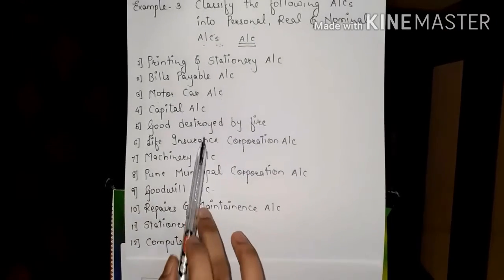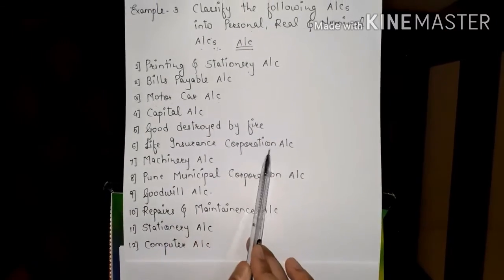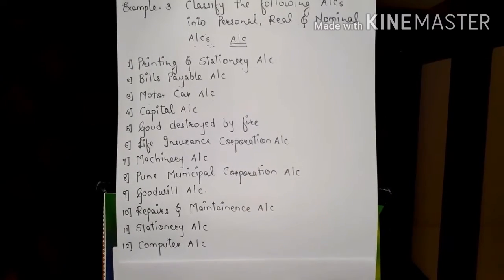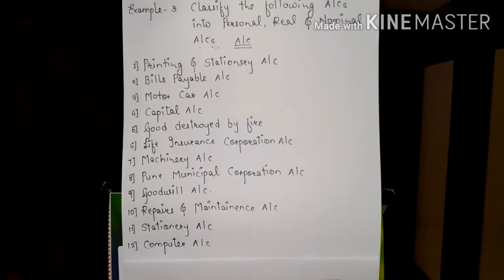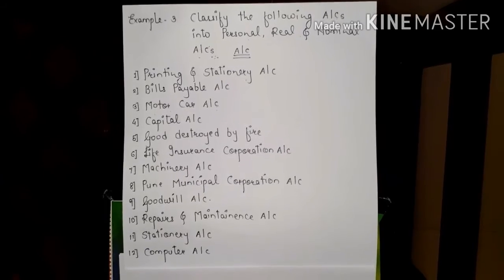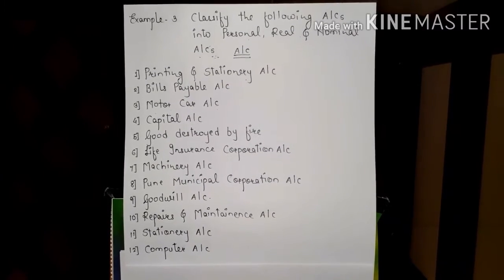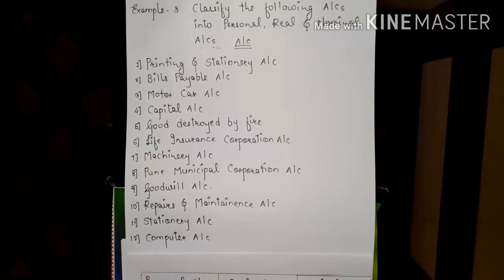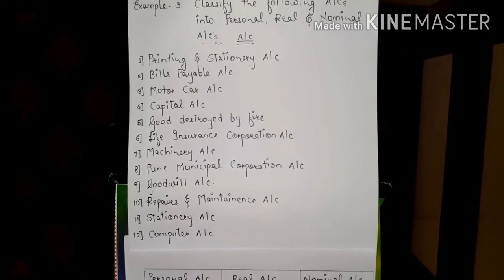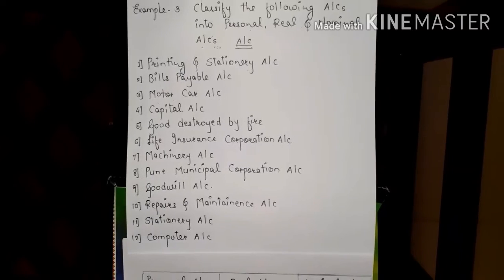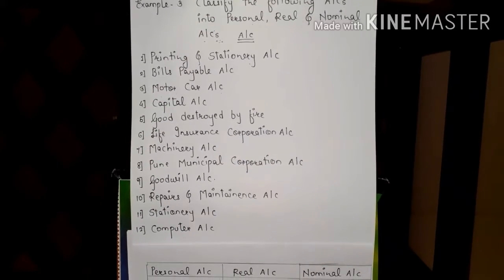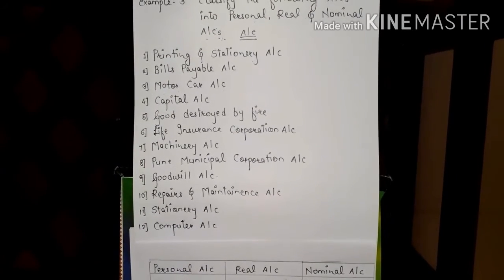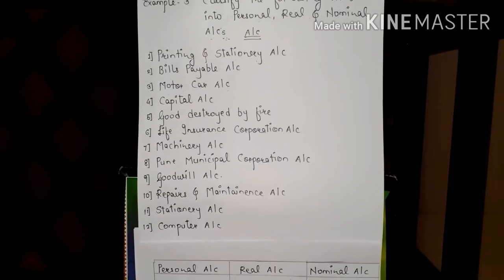Next, life insurance corporation account. Now if your business has formed an insurance with an insurance company, then it is our personal account, because we have taken the insurance. It is neither our asset, nor our nominal account. It is our personal account.